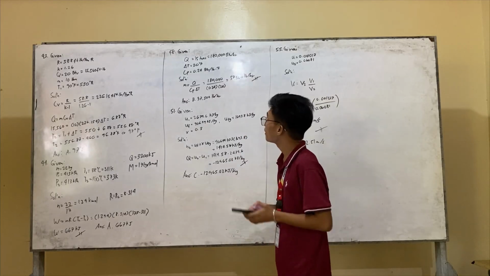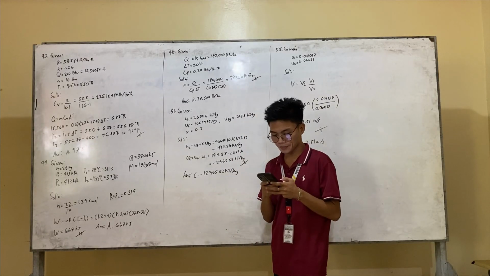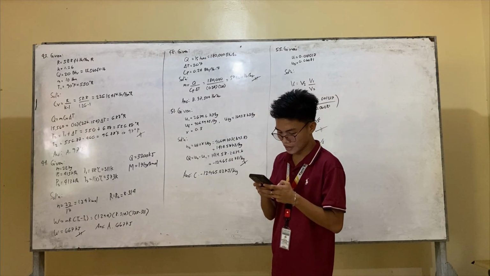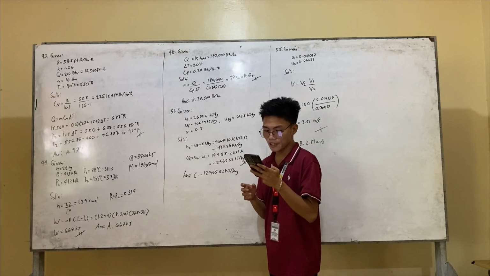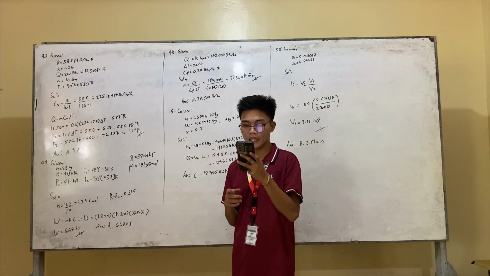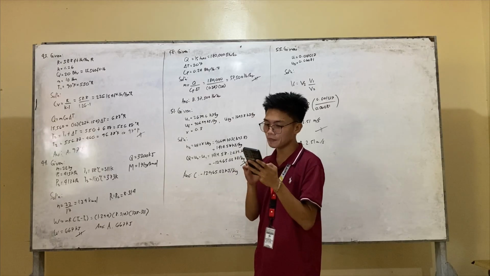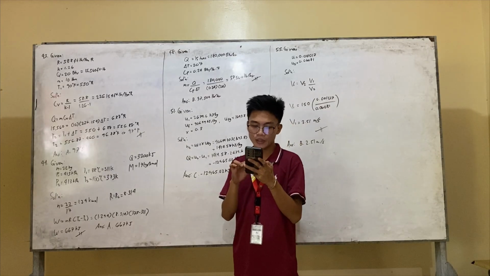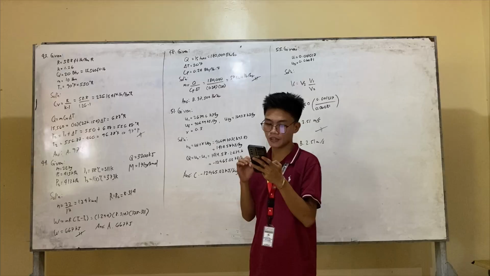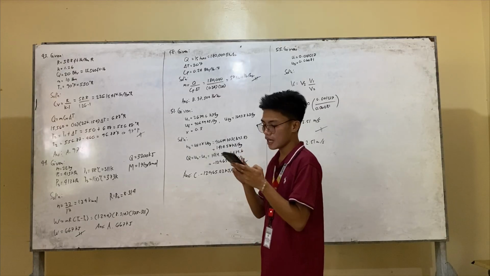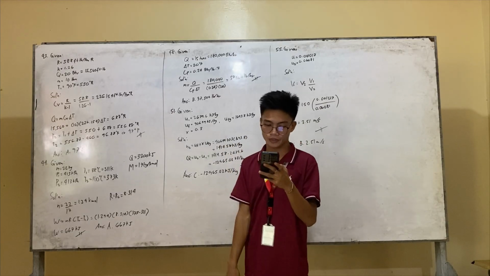So next, problem number 48. The problem is: a refrigeration plant is rated at 15 tons capacity. How many pounds of air per hour will it cool from 90 degrees Fahrenheit to 70 degrees Fahrenheit at constant pressure?